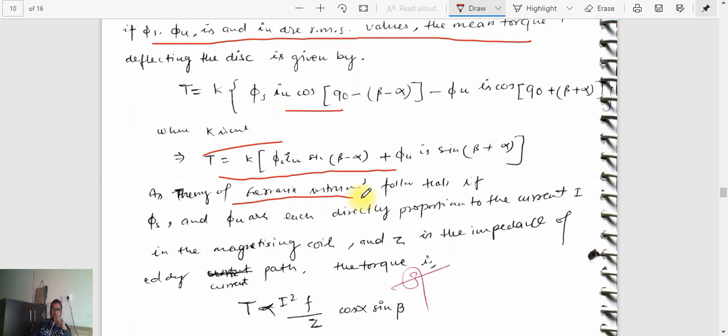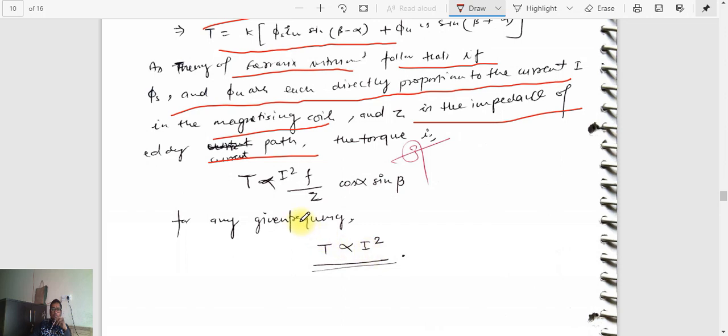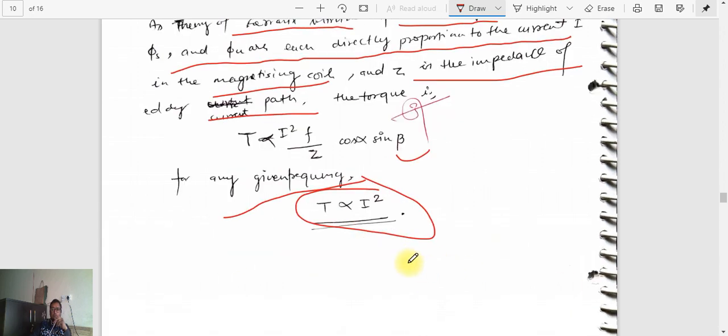As in the theory of Ferraris instruments, if phi s and phi u are each directly proportional to the current I in the magnetizing coil, and Z is the impedance of the eddy current path, the torque T is proportional to I square F by Z cos alpha sin beta. For any given frequency, torque is proportional to I square.